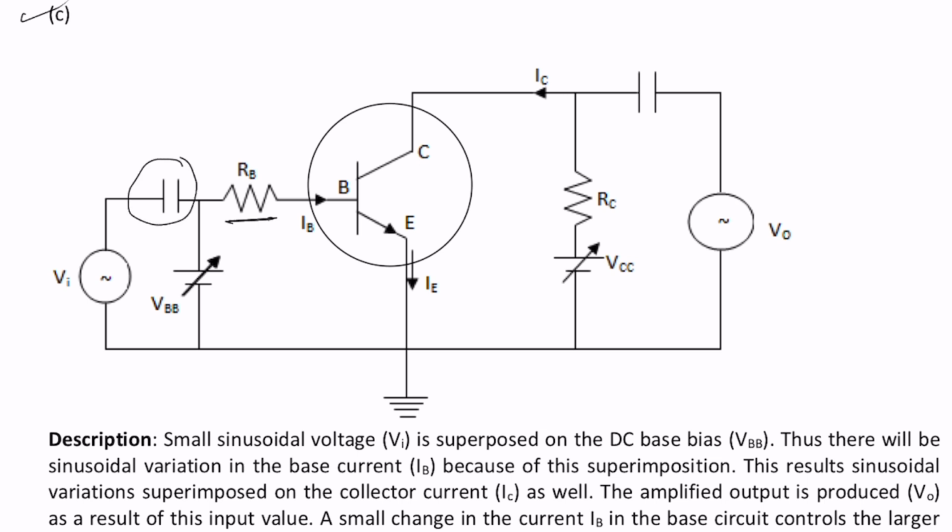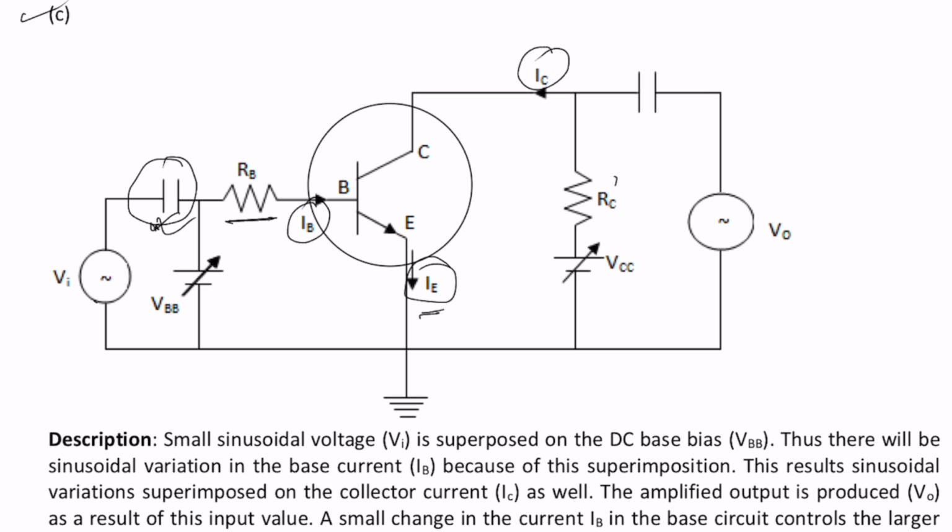This is the source of AC, an alternating source. One capacitor is connected here. This is the voltage measurement. This is the emitter current, this is the collector current, this is the base current. IB means base current, IC means collector current.